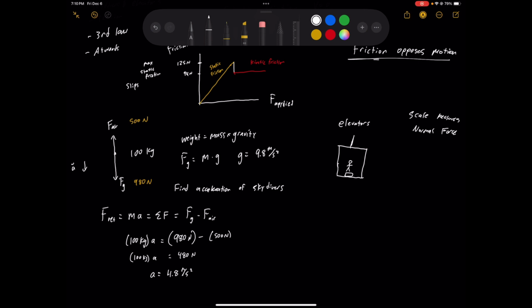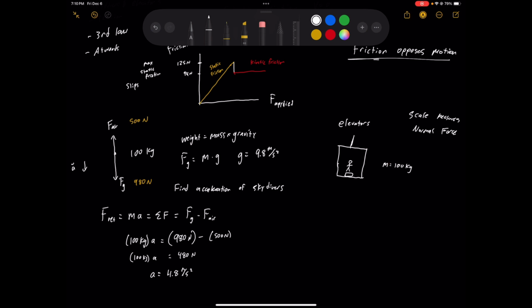One example would be, let's say you have a mass of 100 kilos. So, same guy. The guy went skydiving, and now he's on an elevator standing on a bathroom scale. This is a quirky dude, but that's what he likes to do.